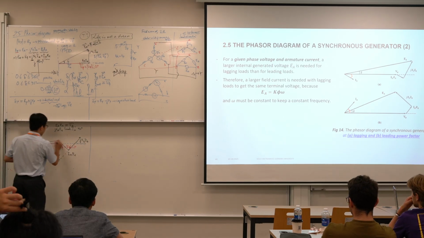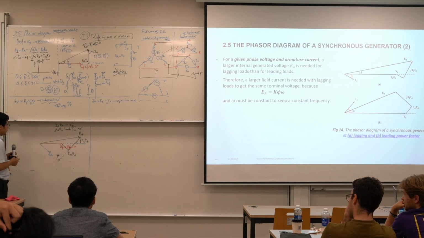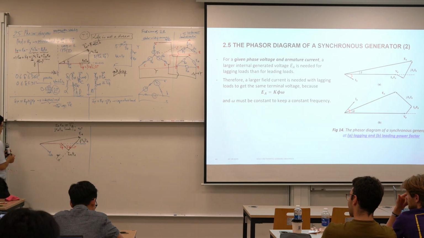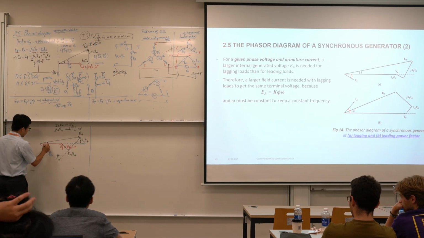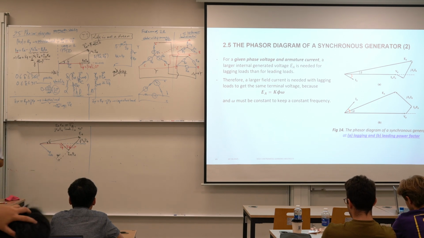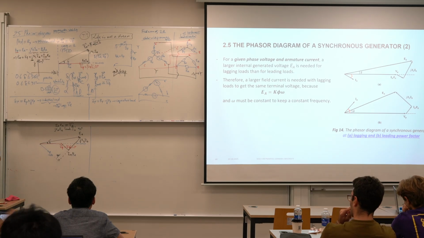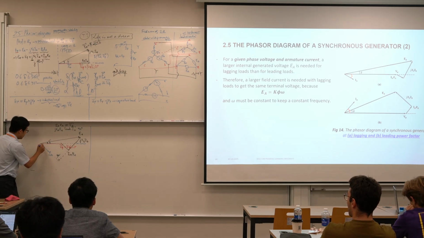So now we get EA here. And this phase angle is what? Delta, right? Delta. So now we have another phase angle here and here.